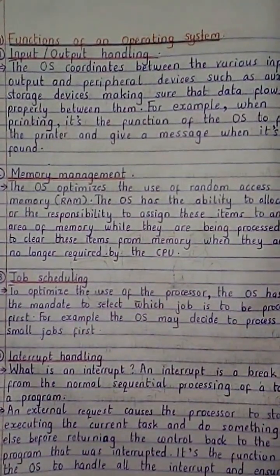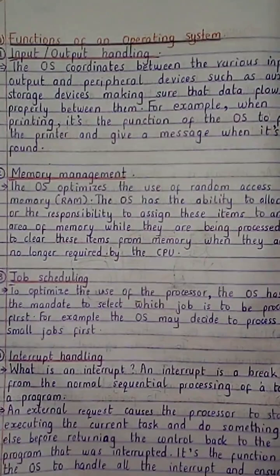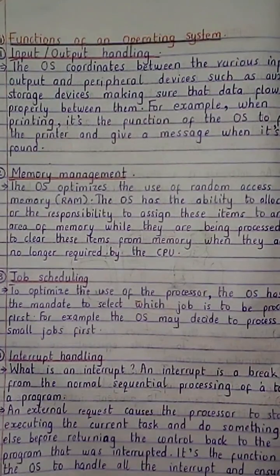So it's the job of the operating system to allocate or assign these items to an area of memory while they are being used, and when the computer finishes using these resources and they are no longer required by the CPU, the operating system has the responsibility to clear them out.